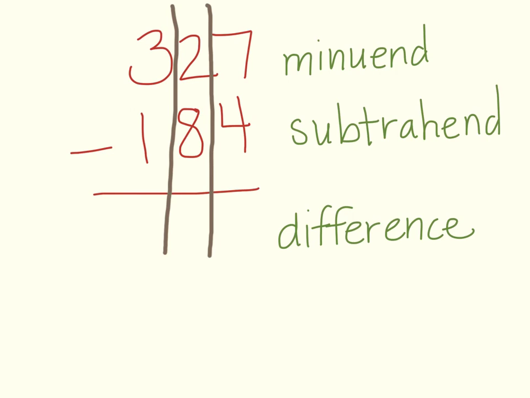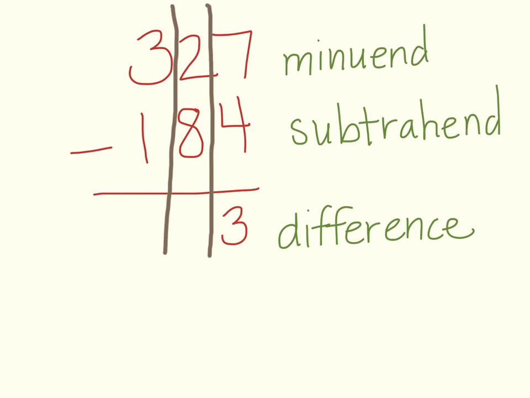That will save you a boatload of issues later on in the problem. So with that in mind, we've got everything lined up. So we would say 7 minus 4 equals 3. That's pretty easy. We would then move to the next place value, which is our tens place.